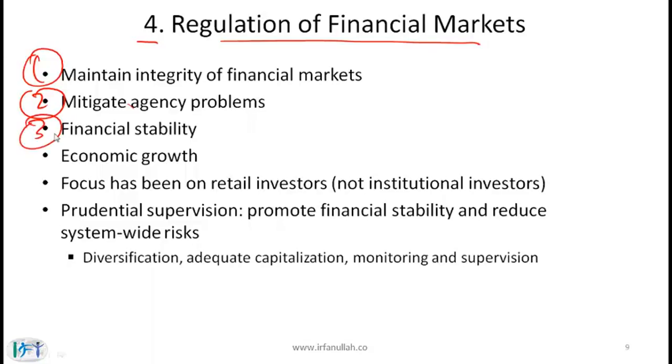We want regulations that give us financial stability and economic growth. So certain capital requirements, maintaining risk levels below a certain threshold, and so on, encourage financial stability. Encouraging economic growth is obvious for any country.